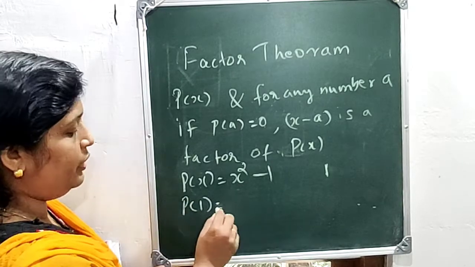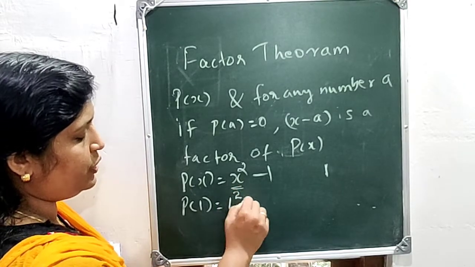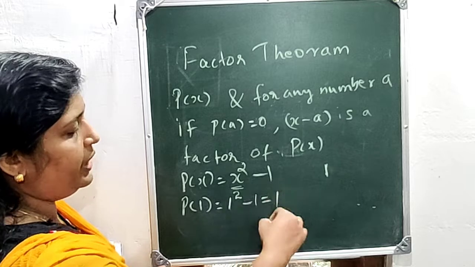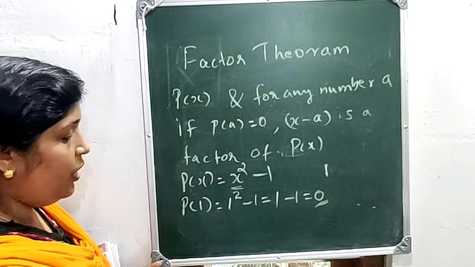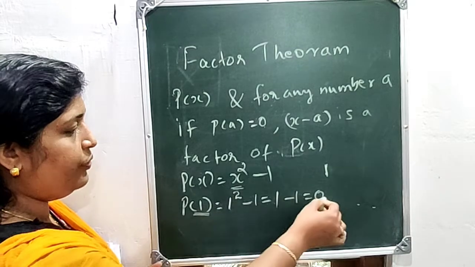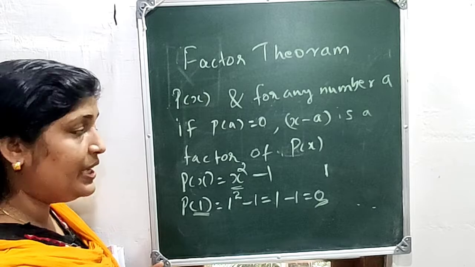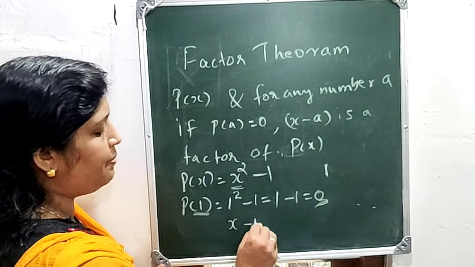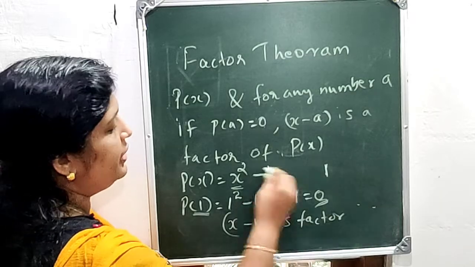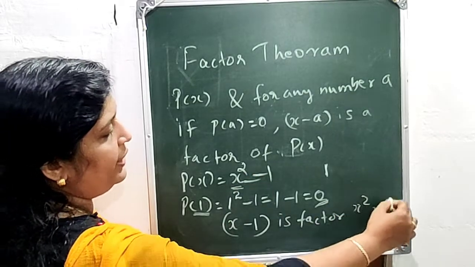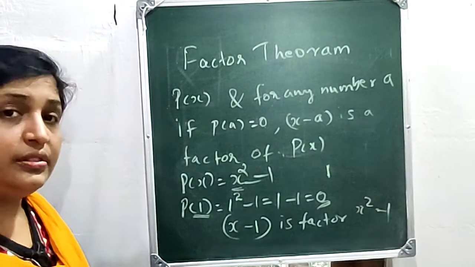Instead of x, I write 1. That is 1 square minus 1. 1 square is 1, and 1 minus 1 is equal to 0. So P of 1 is equal to 0. Then what can we say? We can say that x minus 1 is a factor of the polynomial x square minus 1. This is what we call the factor theorem.